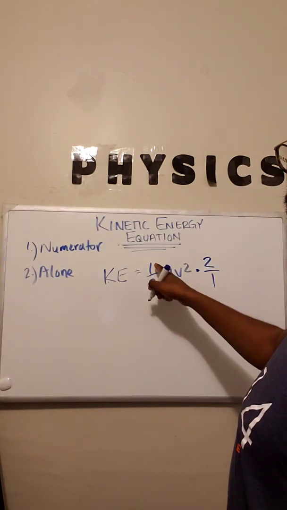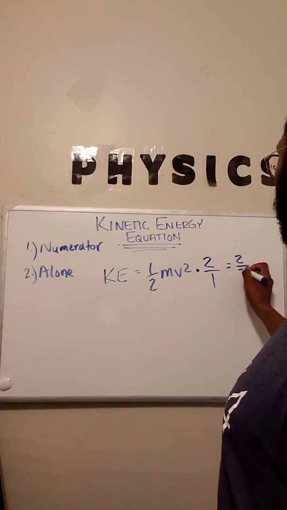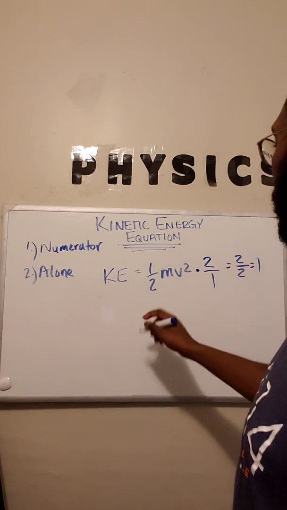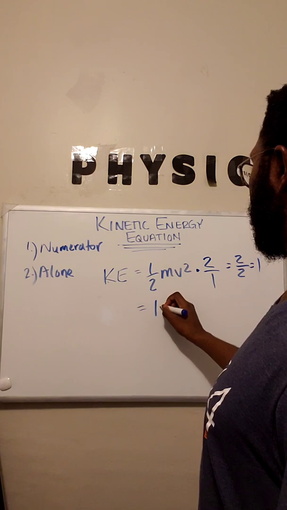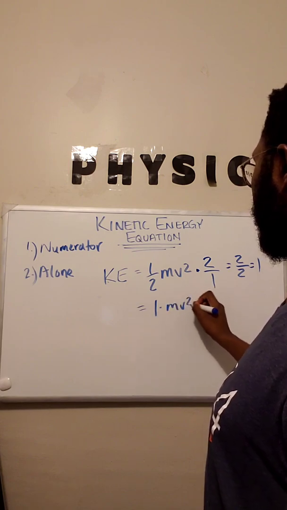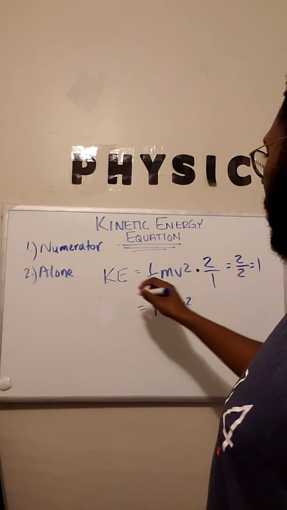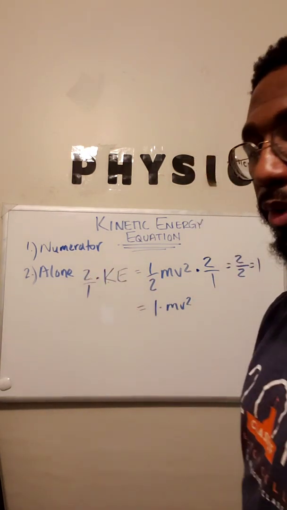All right? Because 1 times 2 is equal to 2. 2 times 1 is equal to 2. So that is all just going to equal 1. So I'm going to end up with 1 times mv squared. All right. But because I multiplied this side by 2 over 1, I have to also multiply this side by 2 over 1.